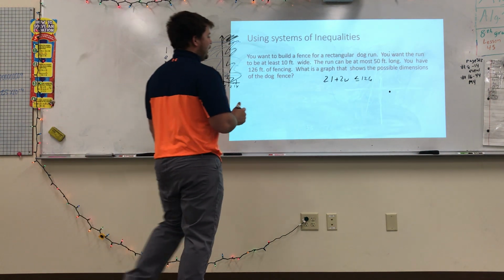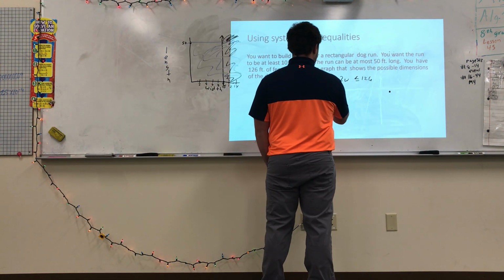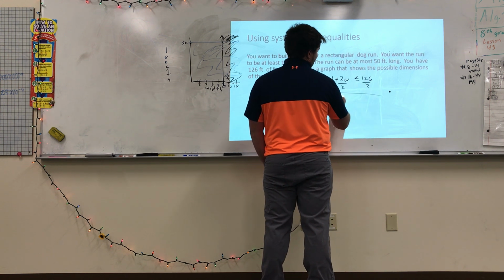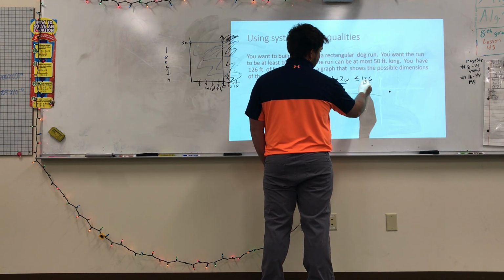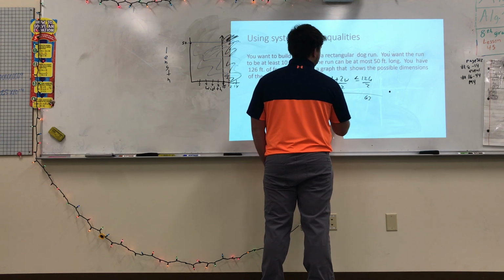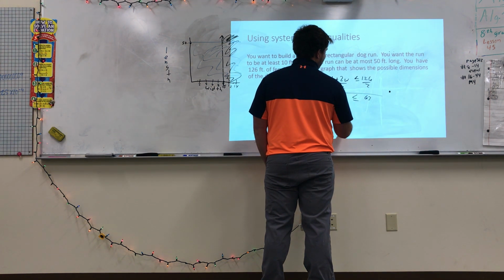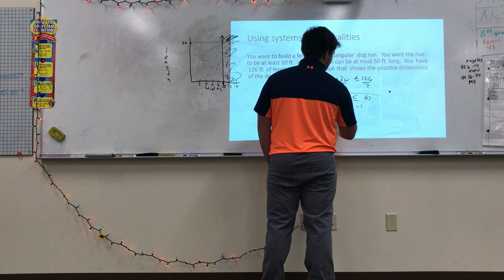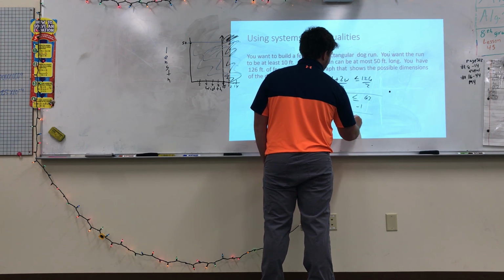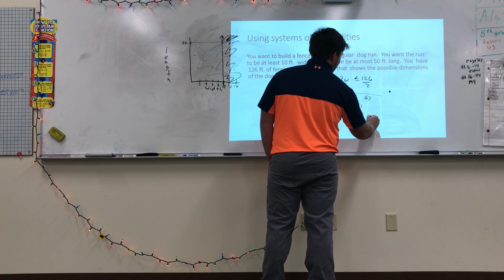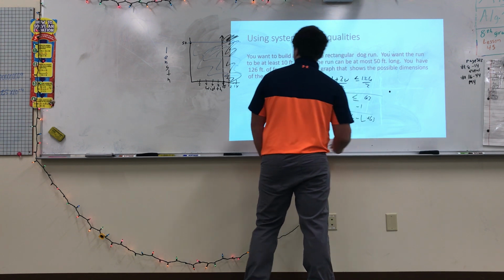So realistically what I could do is divide this by 2, divide by 2, divide by 2. I'm going to get, let's see, 63 right here. Alright, L plus W is less than or equal to 63, minus my L over, I'm going to get W is less than or equal to negative L plus 63.